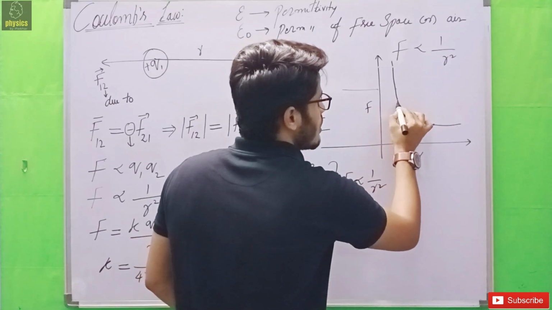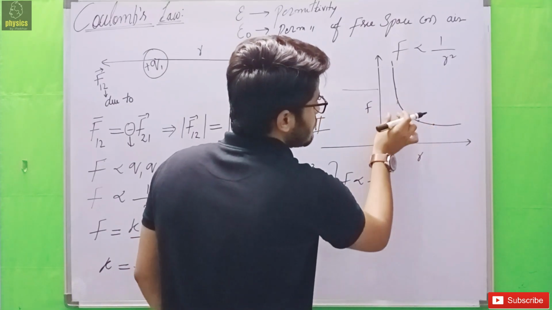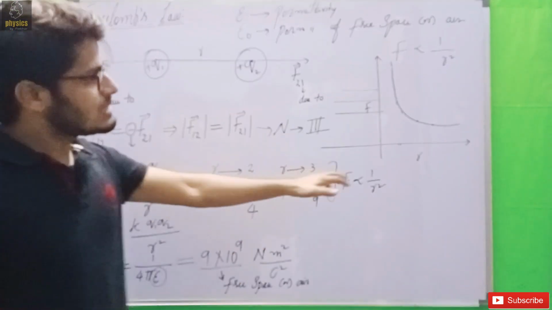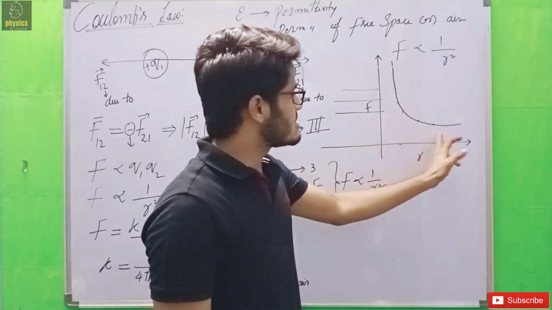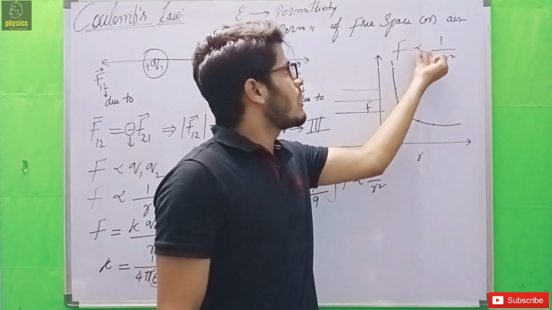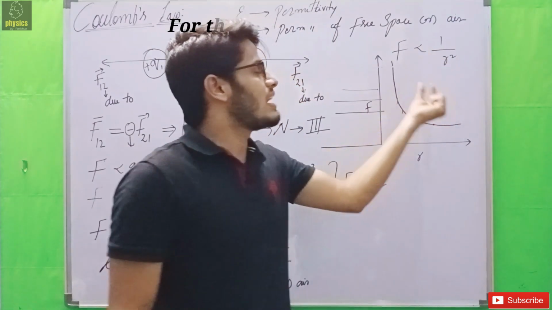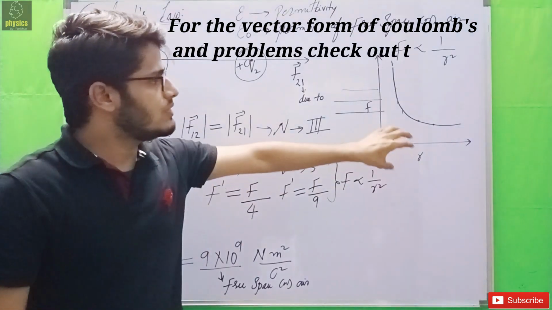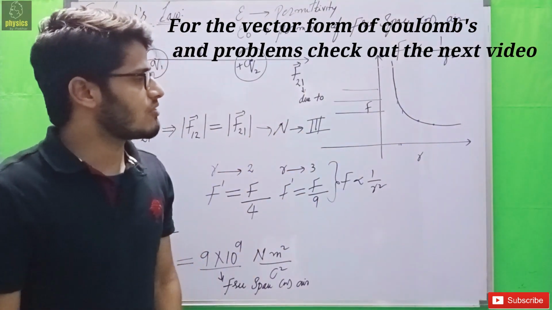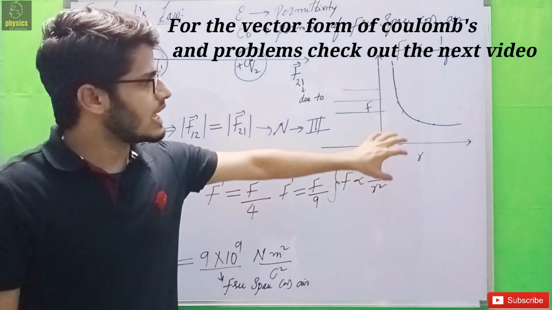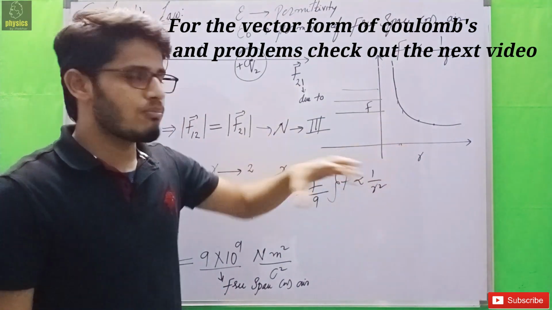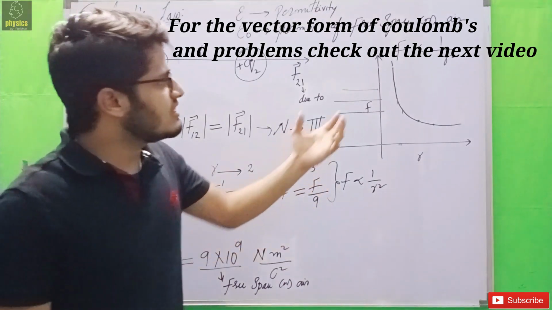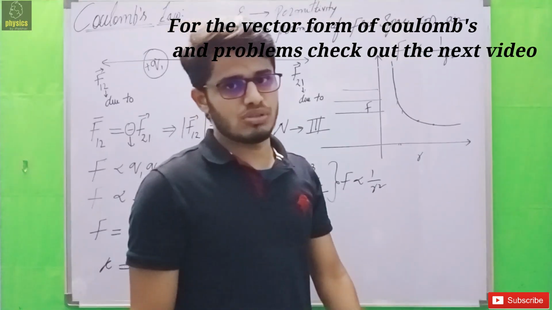Again, if you move just a little bit, the force will decrease by a bigger amount. So that's how this particular line is the perfect fit for F proportional to 1 by R square. This is the graphical representation of the inverse square law. This representation works for both the gravitational force as well as the Coulombic force, the electric force.